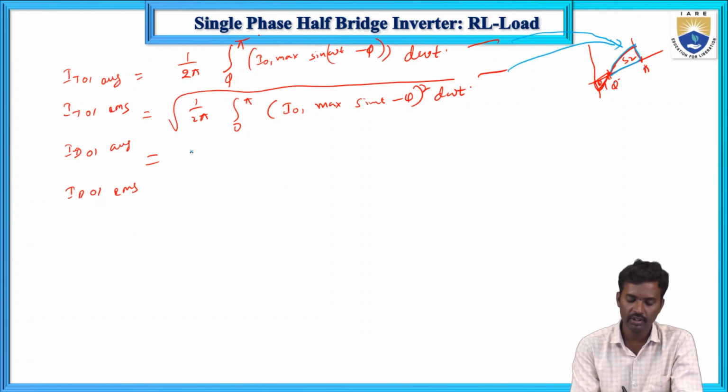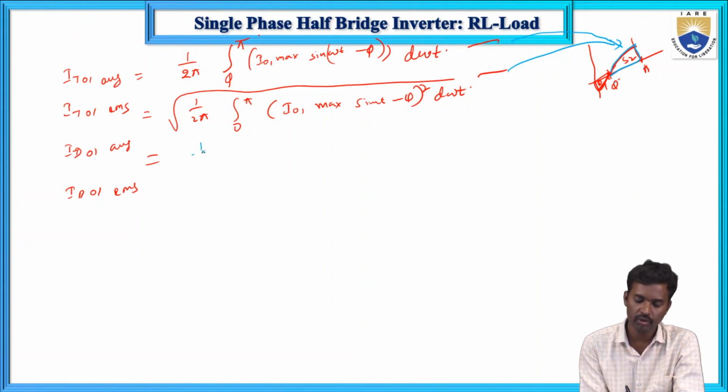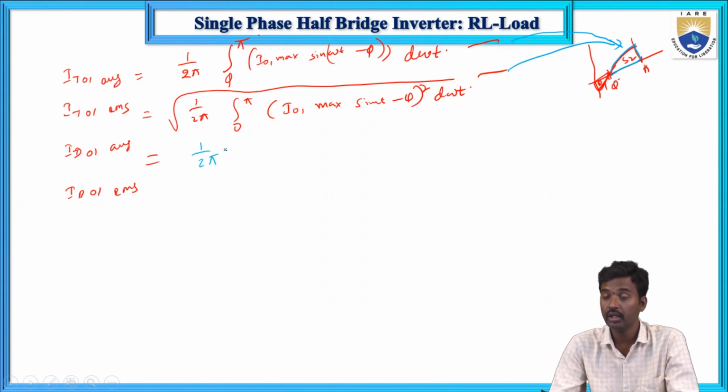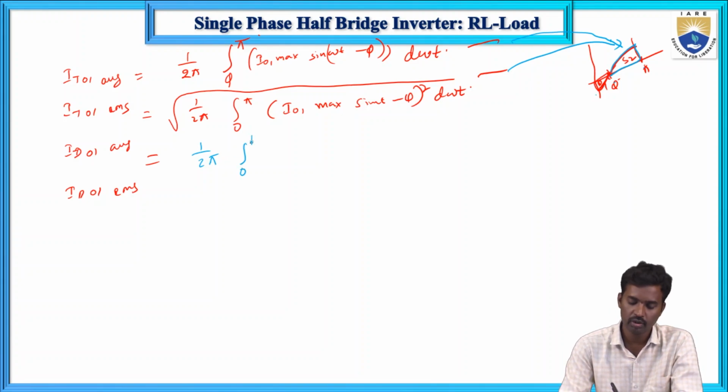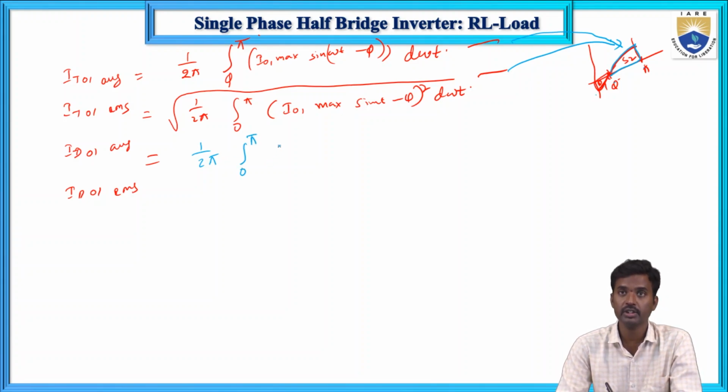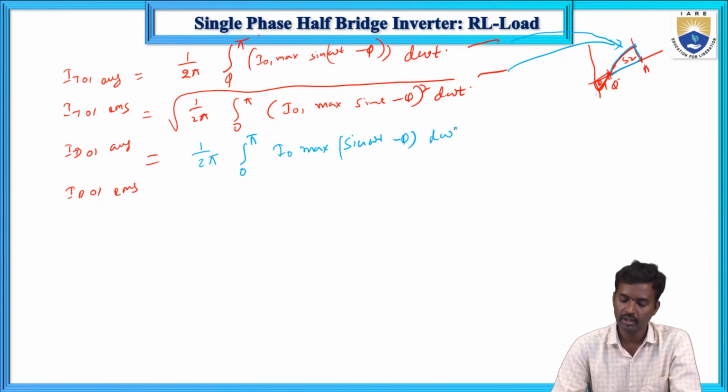And now here for this one, diode average value equals 1 by 2 pi. It is conducting up to what angle? From 0 to phi. So the equation is the same, I01 maximum sine omega t minus phi d omega t.